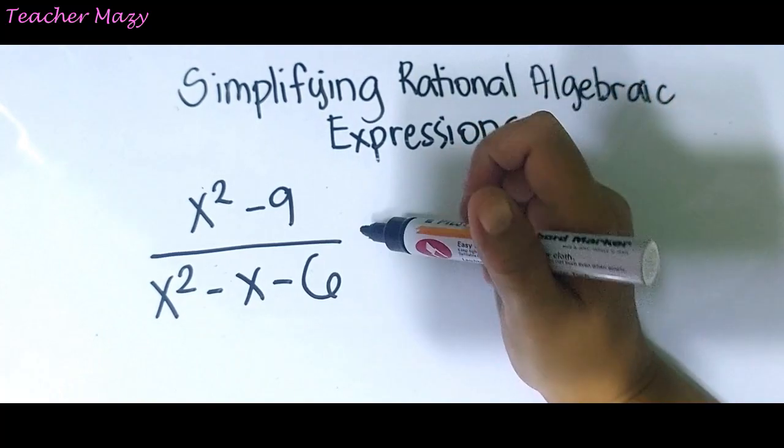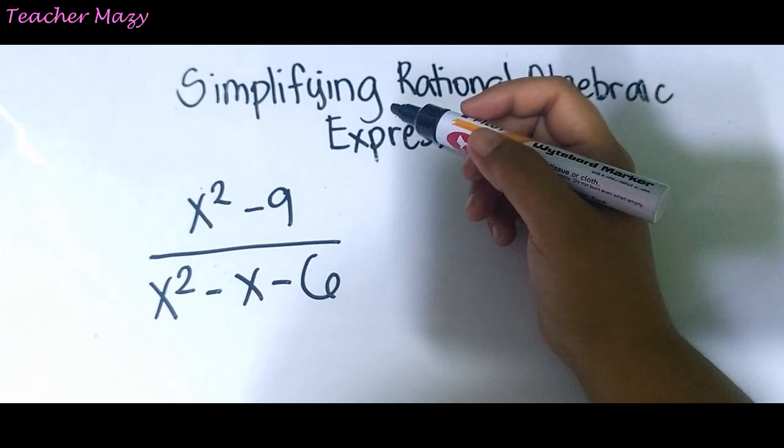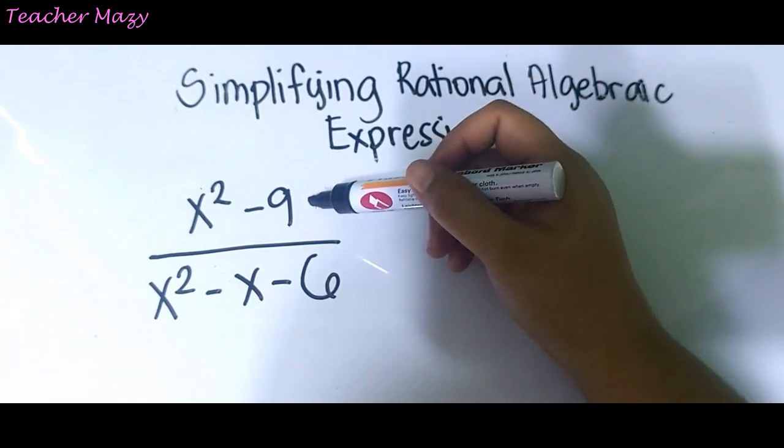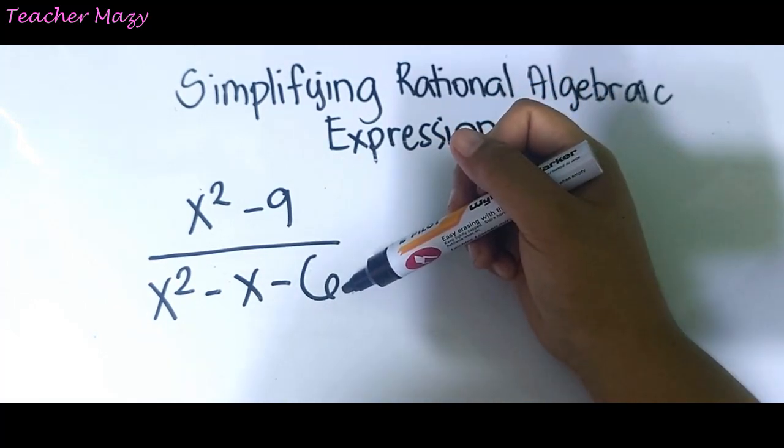Okay, so what if the given is written like this one? We have a perfect square here, and then a quadratic trinomial as our denominator.